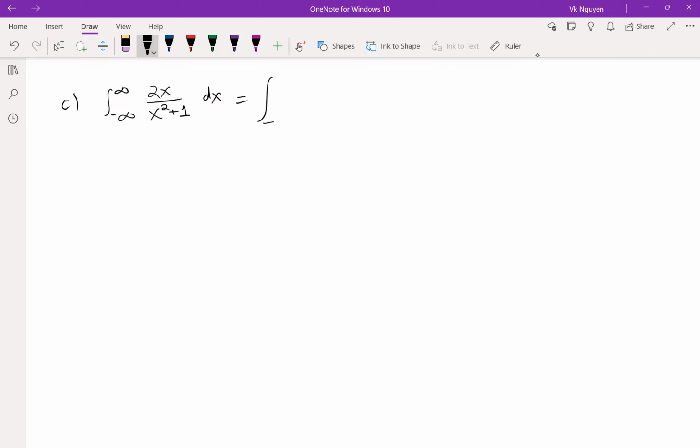One can go from negative infinity to any real number. Let's just pick 0 here: the integral of 2x over x squared plus 1 dx, and the other one is going to go from 0 to infinity, of 2x over x squared plus 1 dx.